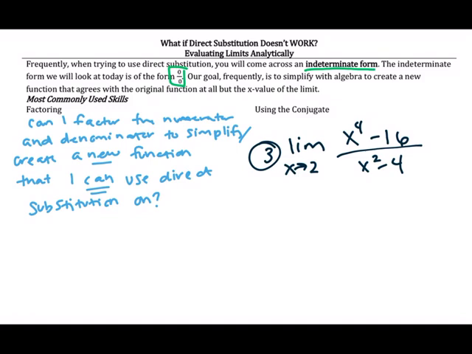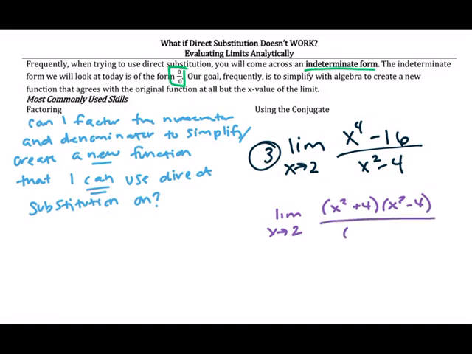So when I look at number 3, and I see polynomials in the numerator and the denominator, I'm asking myself, well, can I factor anything here? So if I factor the numerator, I have the difference of squares. That's going to give me x squared plus 4 times x squared minus 4.